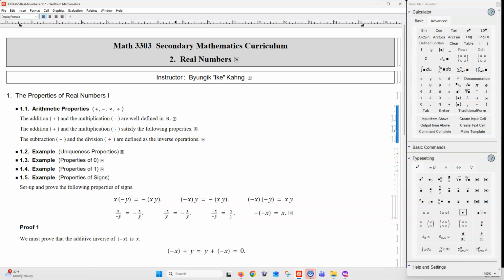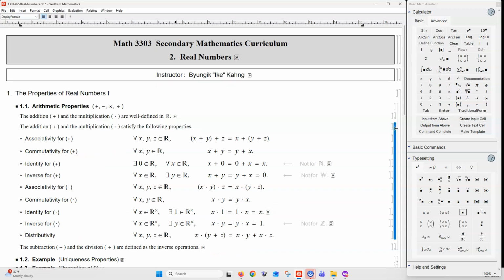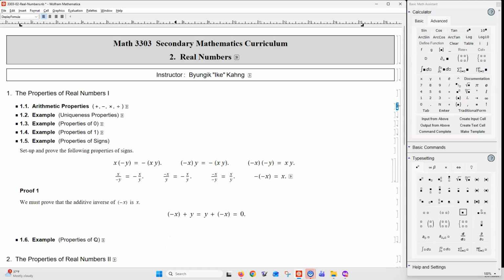Alright, here's a property, the additive inverse property, this one right here. So that's the additive inverse of y. Excuse me, here y is the additive inverse of x, but this time we are looking for the additive inverse of negative x, so I put negative x in place of x. But then again, what I want is x, so okay.